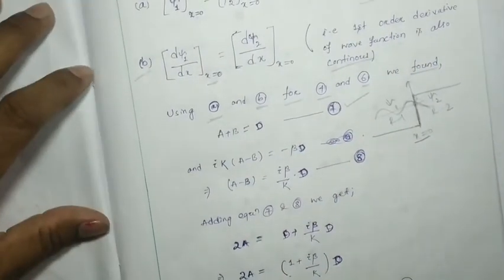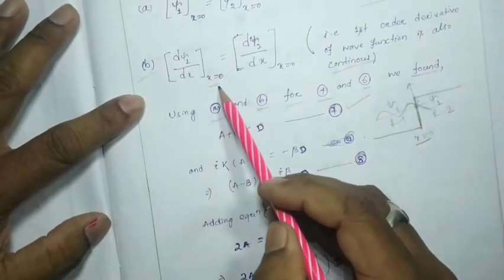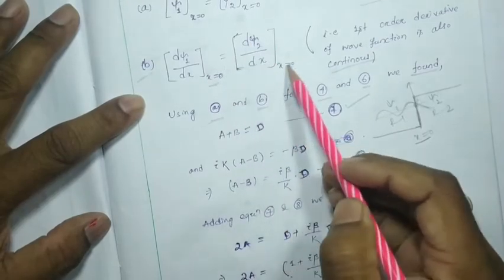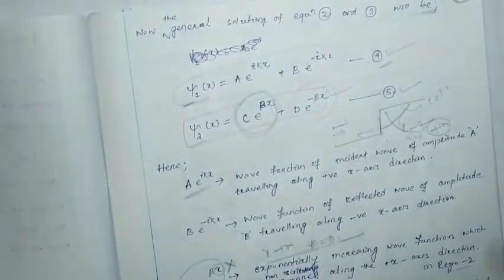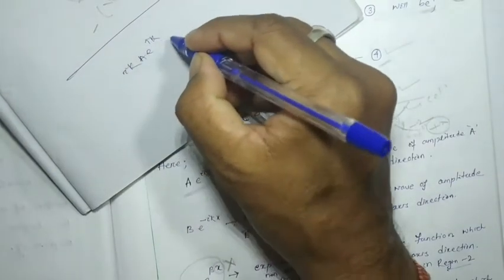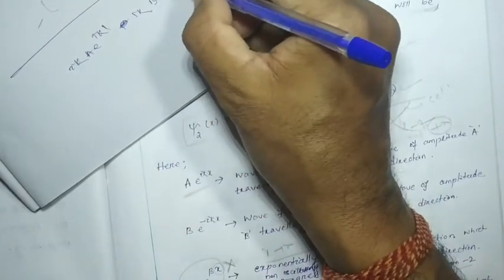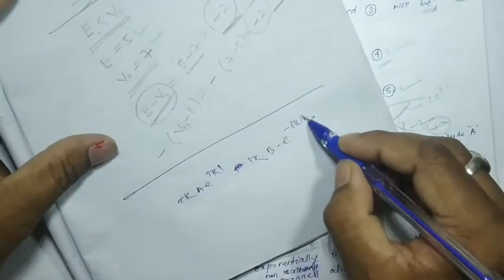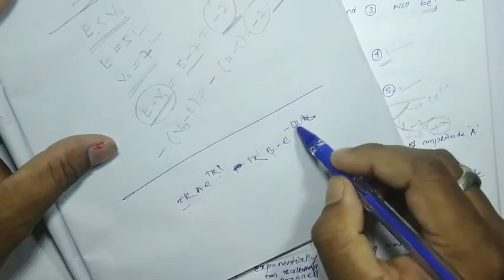Now we consider the second condition, that is d psi 1 by dx at x equal to 0 is equal to d psi 2 by dx at x equal to 0. First, consider the first derivative of psi 1. It will be ik a e to the ikx minus ik b e to the minus ikx, because it is minus ikx.